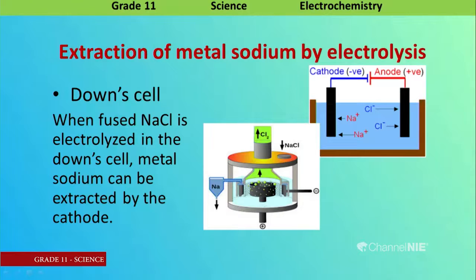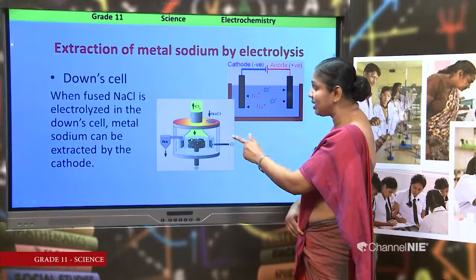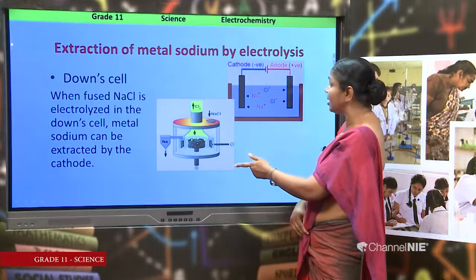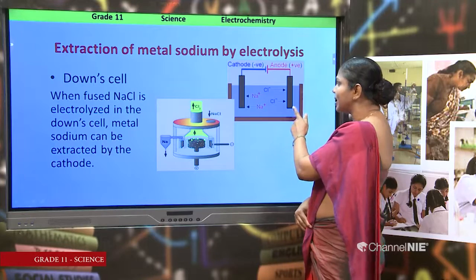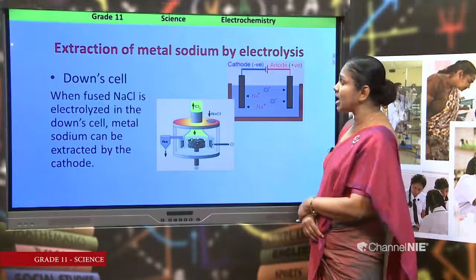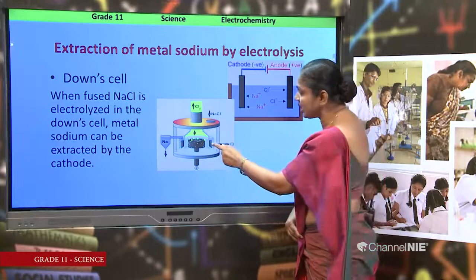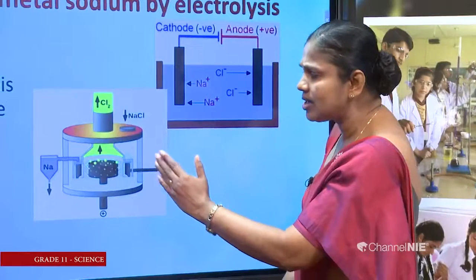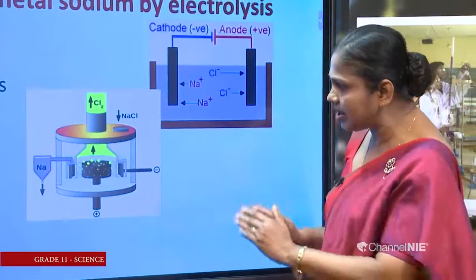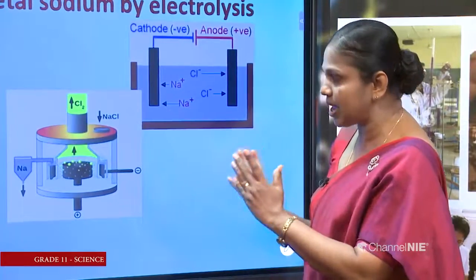Here you can see a picture of a Downs cell, children. This special cell is constructed in order to separate the sodium metal attracted towards the cathode. And also there is a method here in the Downs cell to separate chlorine gas produced at the anode. Here you can see anode and cathode are separated in this Downs cell by a steel mesh.